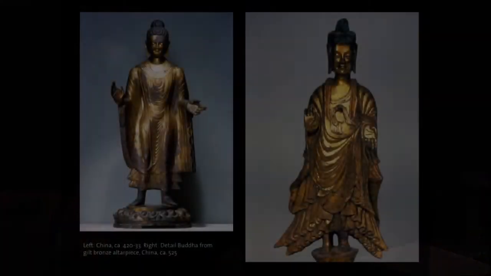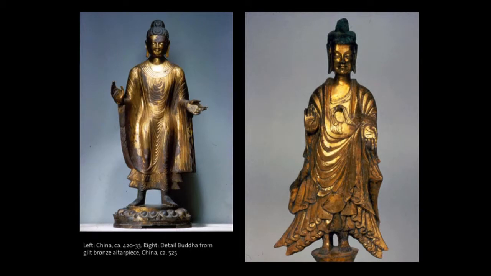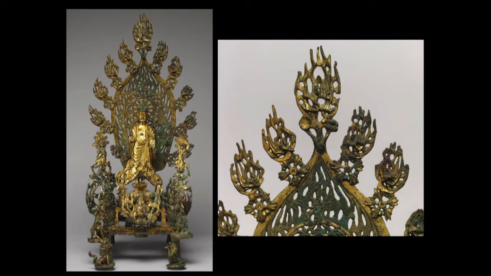If you take the rest of the altarpiece away from that central image, you can see how the body has changed so dramatically. Completely covered up. This is a detail of the mandorla at the top. These are flying apsaras, or angels here. These are Dharma Chakra, wheels of the law, in the shape of lotus petals.